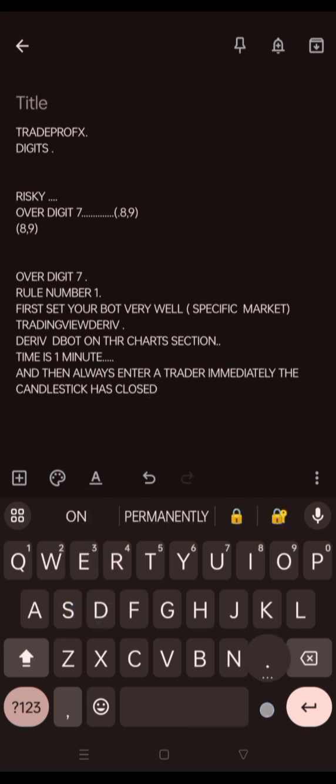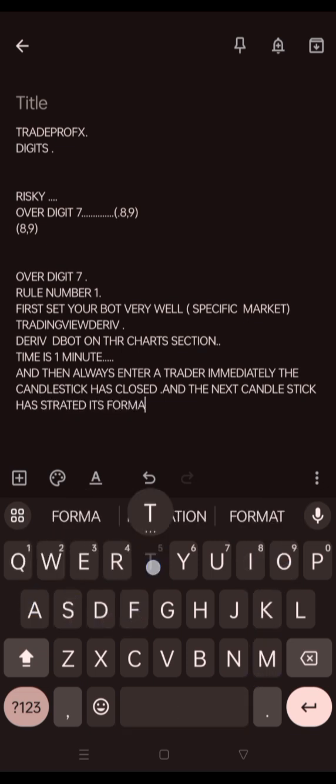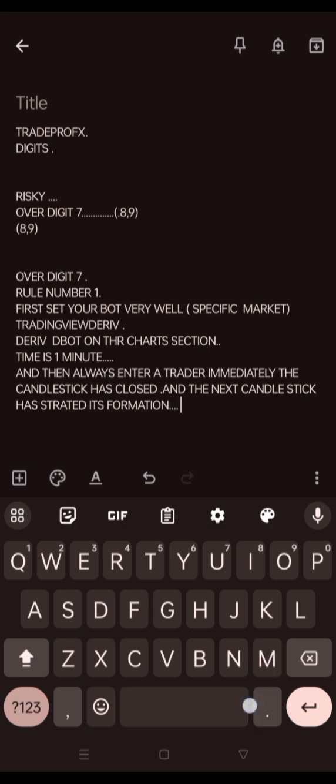Just immediately the candlestick has closed, and the next candlestick has started its formation. So your speed is what matters here now. You ensure that the last candlestick that has been formed has closed, and now we are jumping into the next candlestick, and it has started.